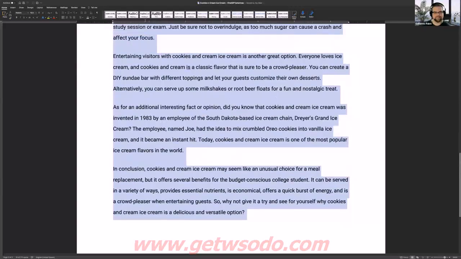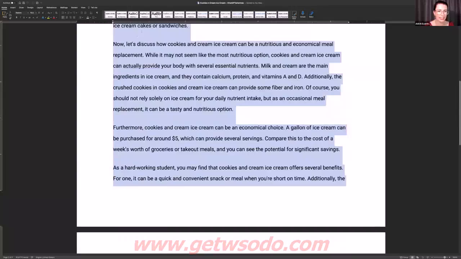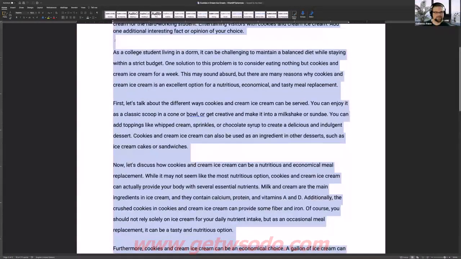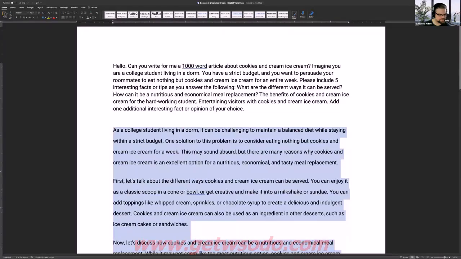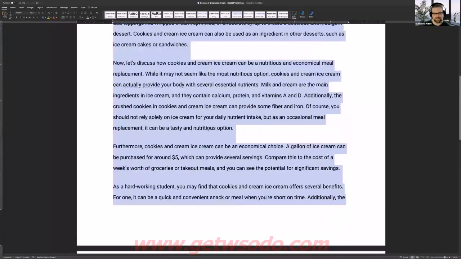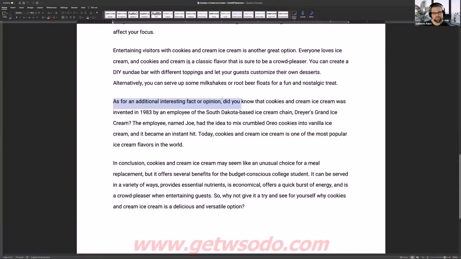Yeah. Right. Oh, have we seen that one? The South Dakota, that seems like a new fact. Yeah. So right here we only have 599 words. And you can see what was the South Dakota thing right here. As for an additional interesting fact and opinion, did you know that cookies and cream ice cream was invented in 1983 by an employee of the South Dakota-based ice cream chain Dreyer's Grand Ice Cream?